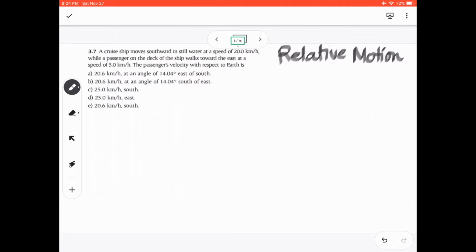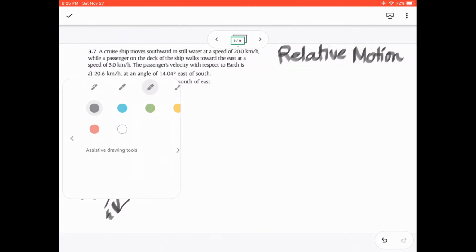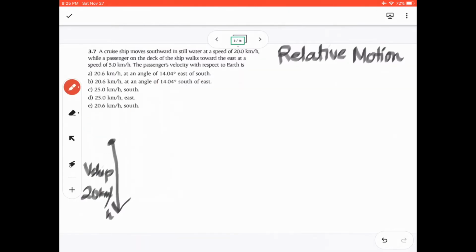Now, in this case, a cruise ship is moving southward. The velocity of the ship, V of the ship moving southwards, is 20 kilometers per hour. And then there's a person inside the cruise ship, a passenger on the deck of the ship, and the passenger is walking towards the east, this way.